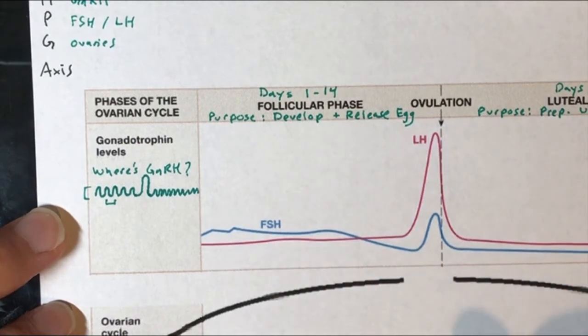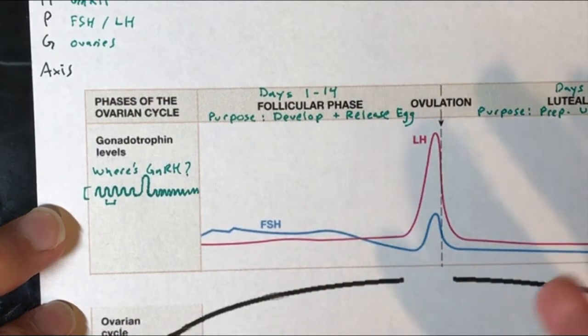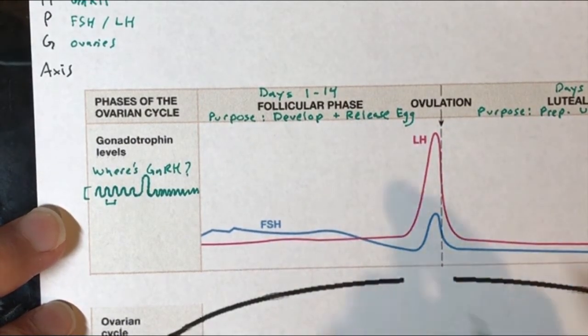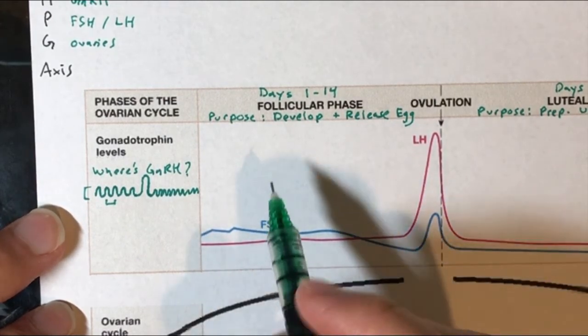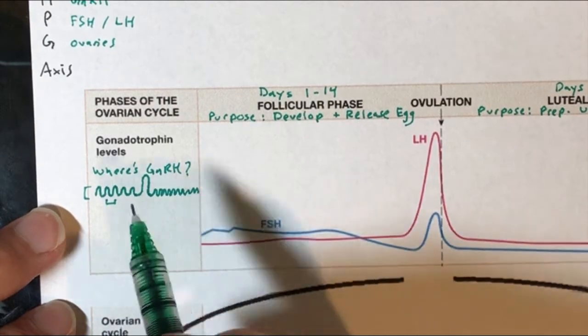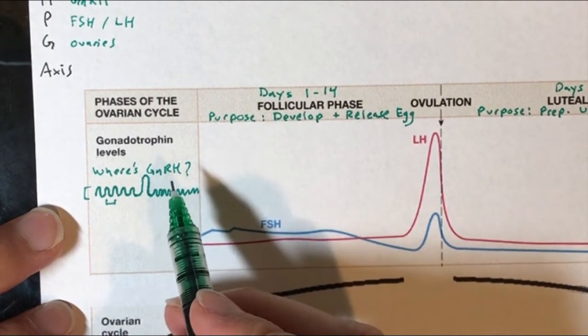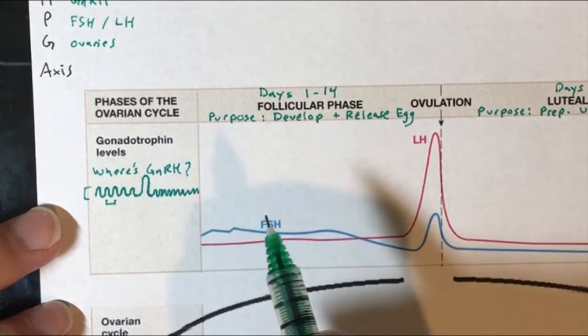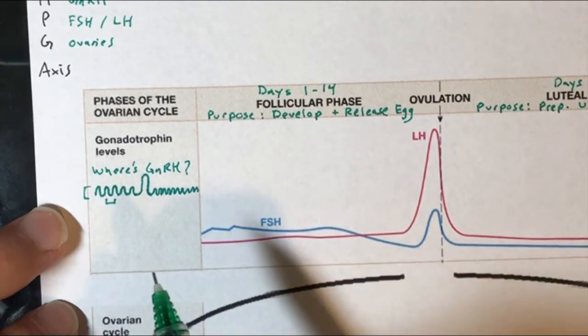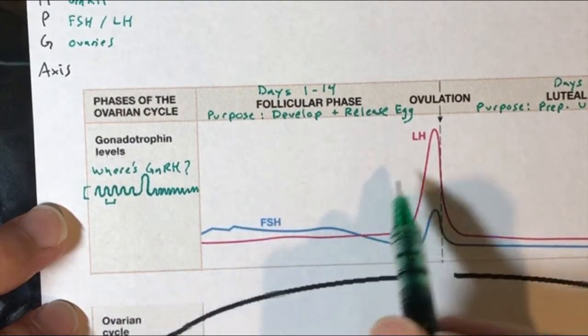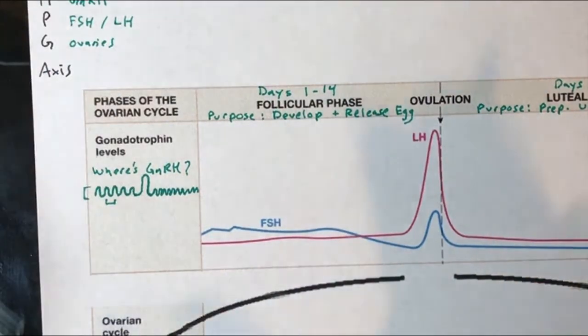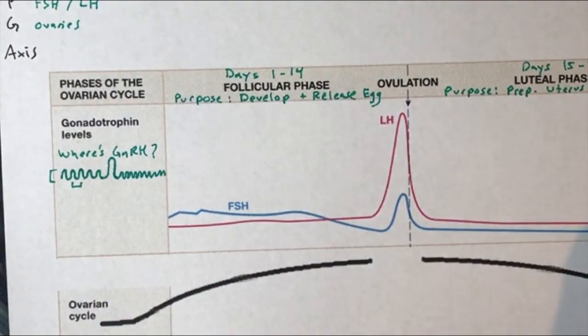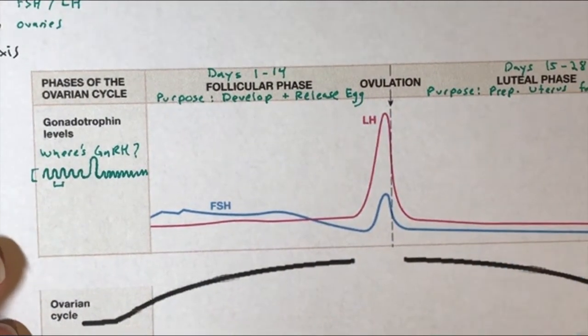That's also why textbooks omit it, because it's a little bit too complicated for an introductory class. Not only that, GnRH also works together with estrogen and progesterone to change FSH and LH concentrations. So there's just too much going on. Okay, that's enough about GnRH for now.